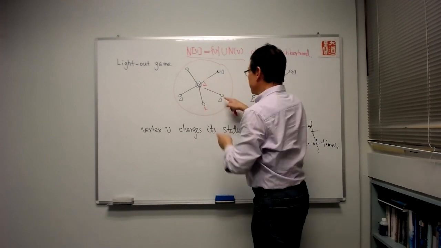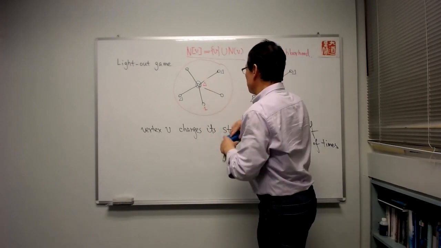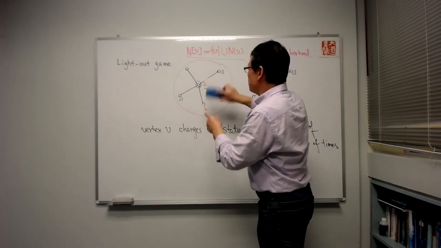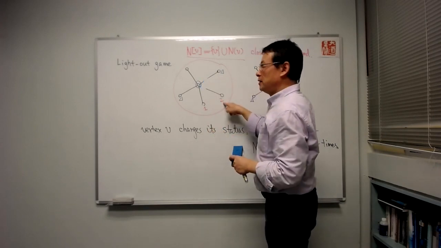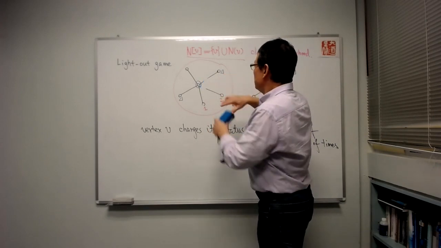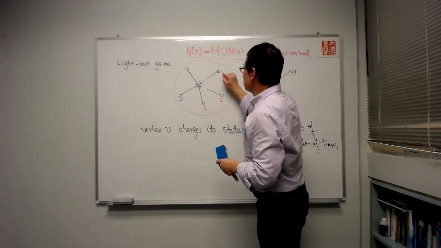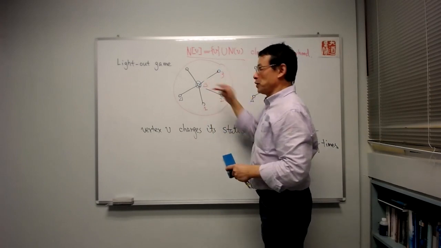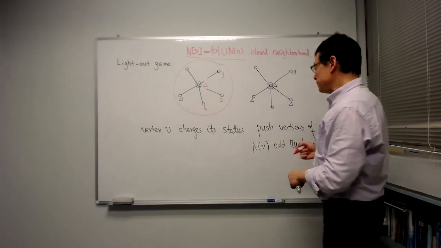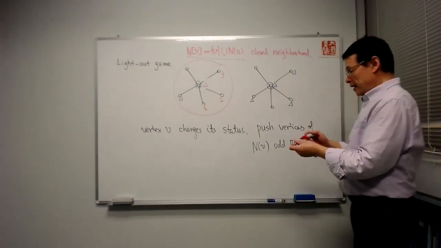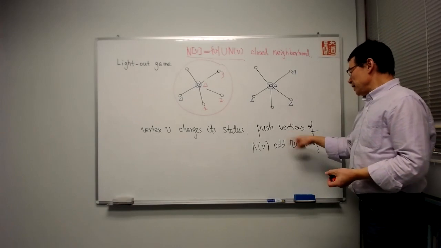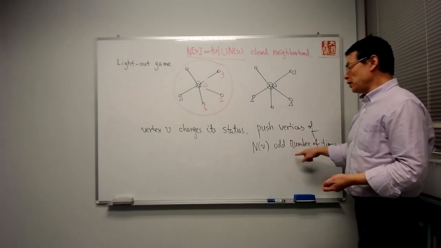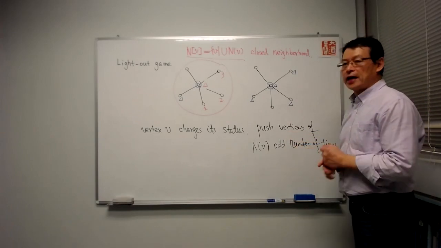If I push it a second time, the status changes back to off. Then if I push another vertex, this one will be on. So with an odd number of times the status will change; with an even number of times, there's no change.